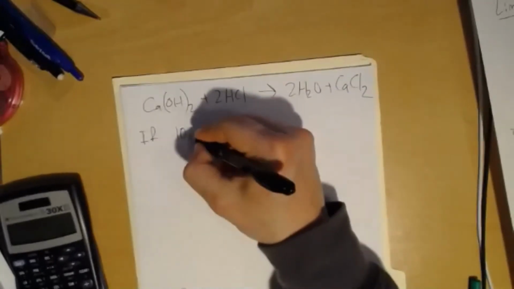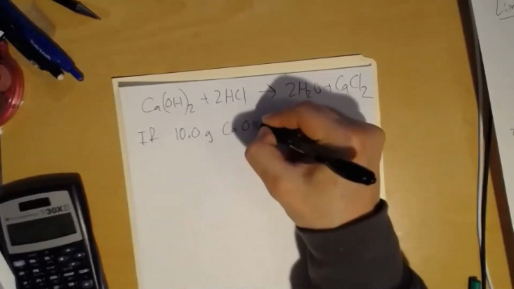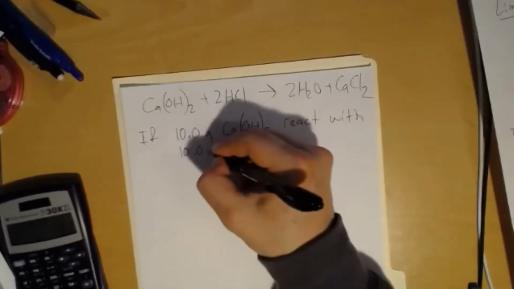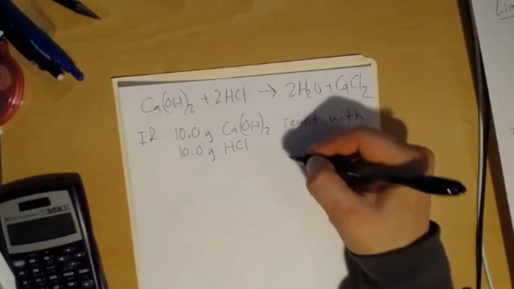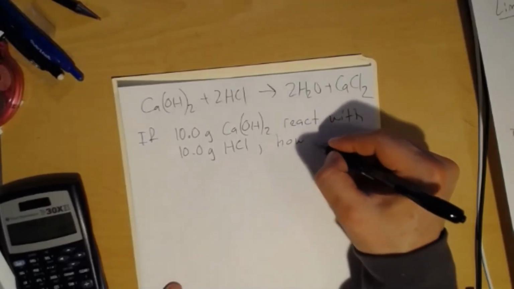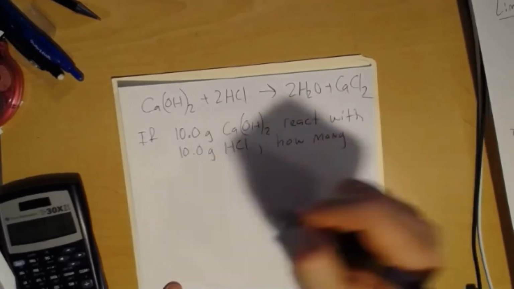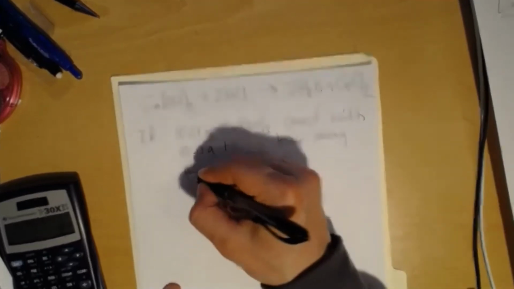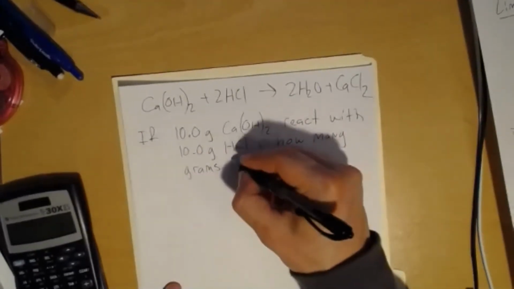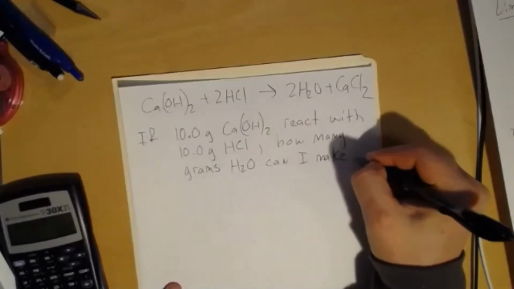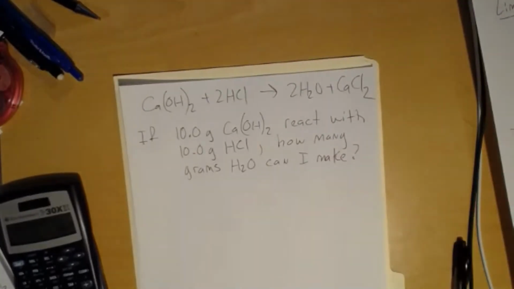If 10.0 grams of calcium hydroxide react with 10.0 grams of HCl, how many, to make it easy, let's go to water. I mean, I could choose either product. How many grams of water can I make? Okay, so you guys ready?